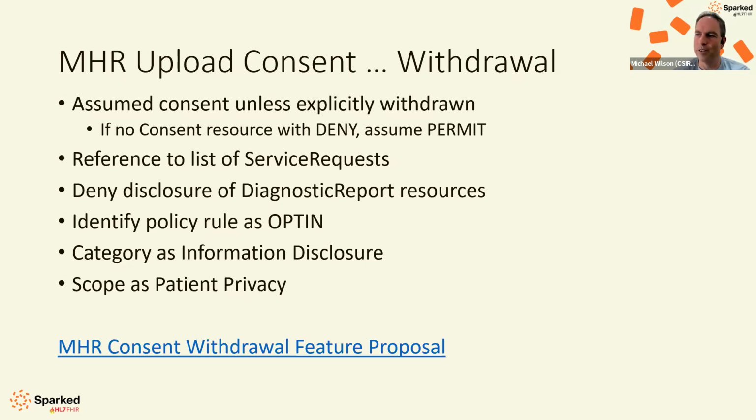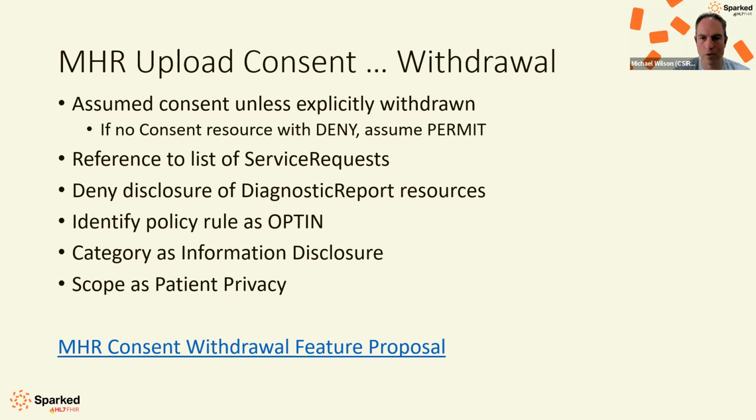It has a reference to a list of service requests. It's denying on the disclosure of the diagnostic report resource, so it's not on the request itself, it's actually on the diagnostic report, which is the outcome of their request. It's an opt-in policy, and it's basically a disclosure category with patient privacy.